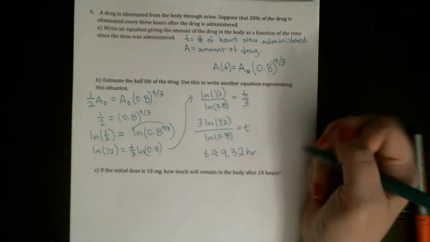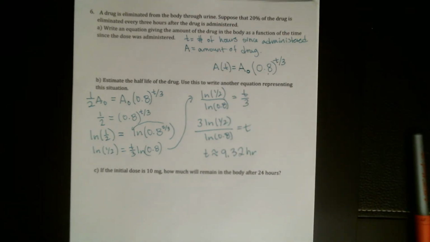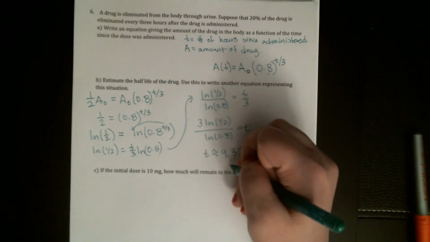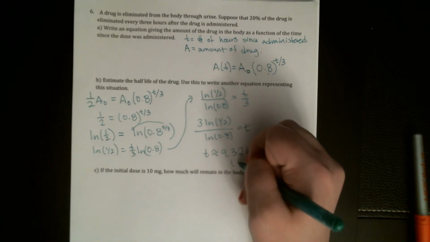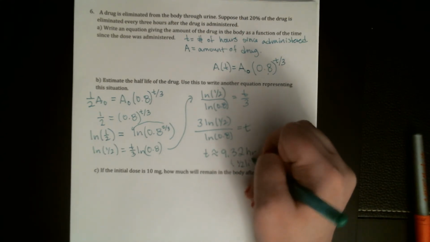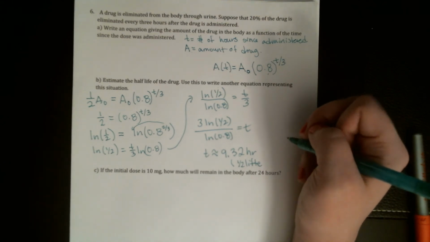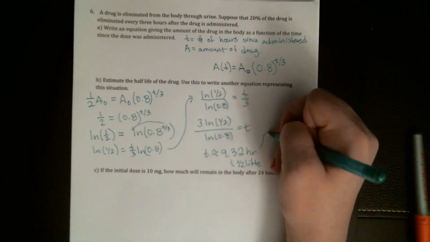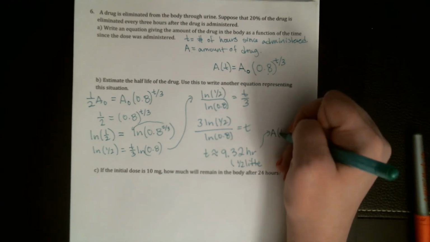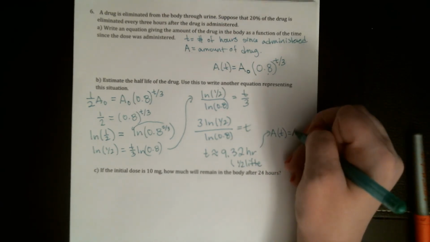The other part of part B was to write another equation representing the situation. So what I'm claiming right now is that this 9.32 is the half-life, which means it takes 9.32 hours for this thing to get cut in half. If I want to write an equation that more clearly shows that, let's see if I can squeeze it in here.